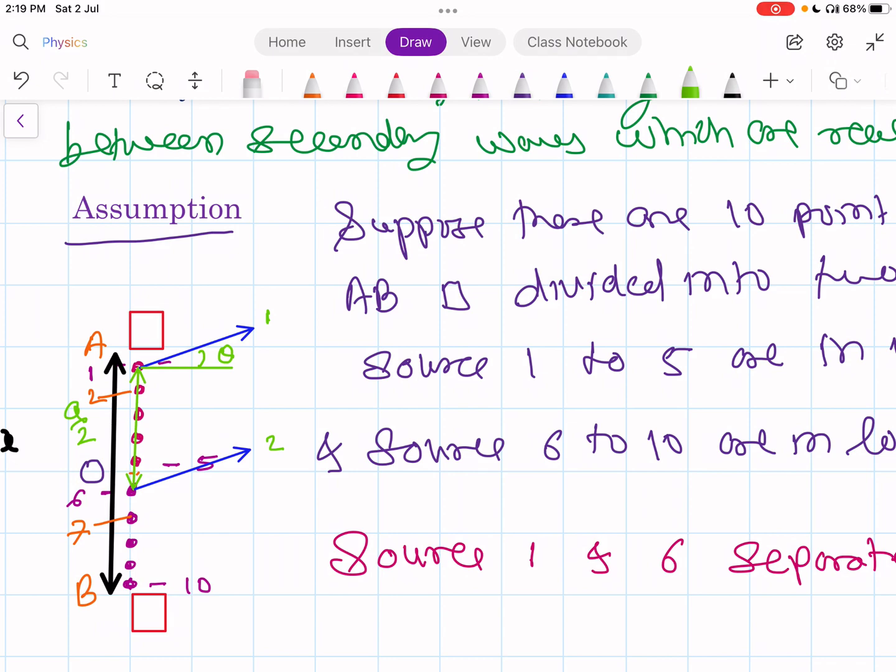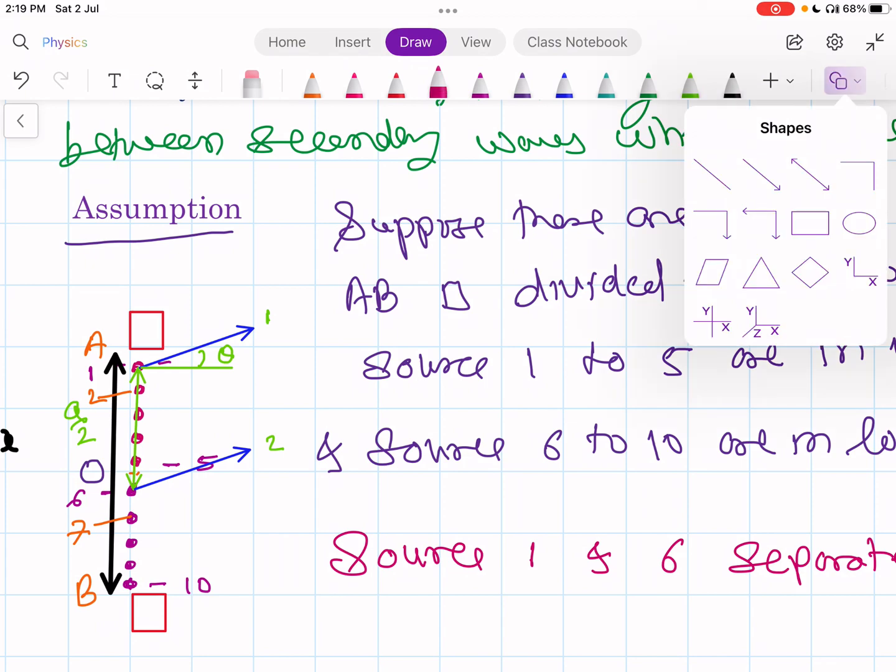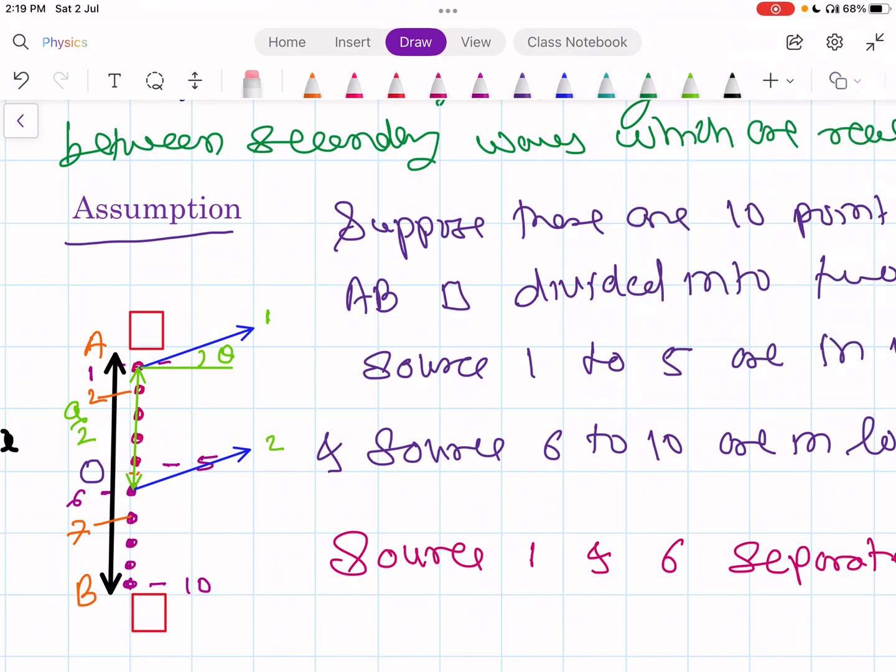To find out that path difference, we have to draw a normal on these secondary waves and this angle is theta.